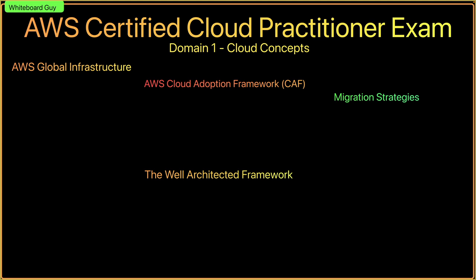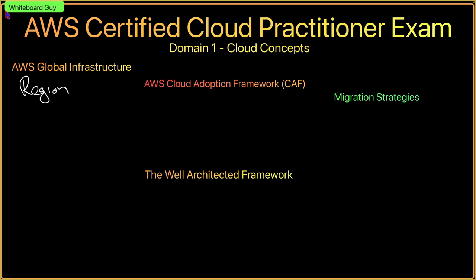Firstly, if we start talking about your global infrastructure, the AWS global infrastructure, there is a set infrastructure that AWS has, and they categorize them as a region. Now, across the world, there are multiple different regions, and AWS have a massive amount of infrastructure. So you get a region.